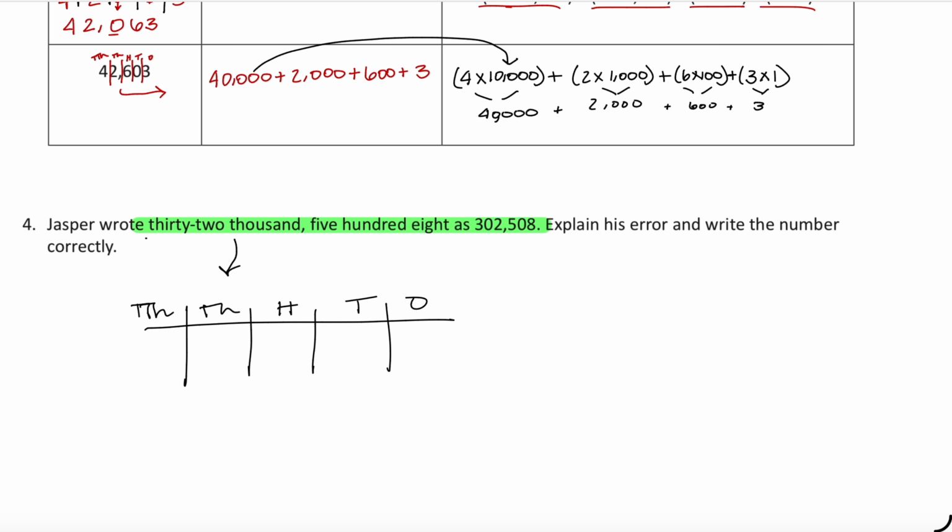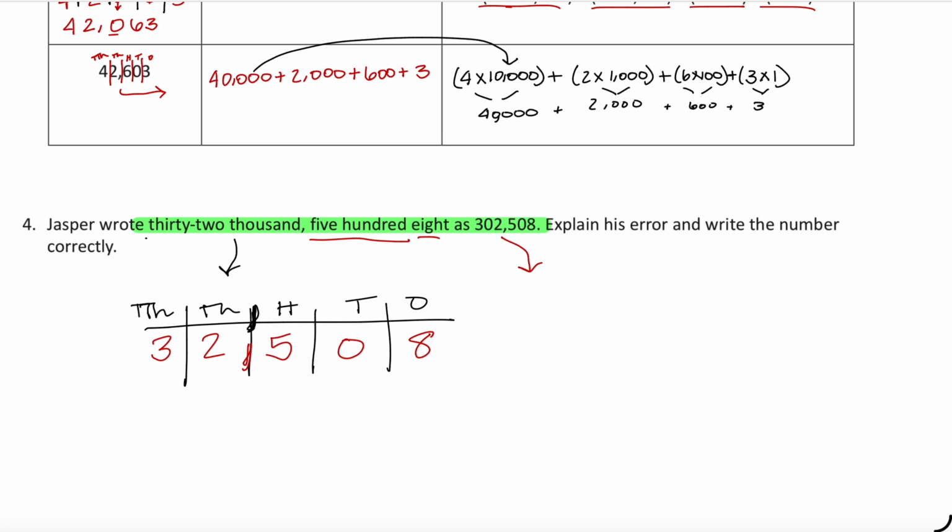Alrighty, so it says 32,000. So I already know that 32 is going to go in this section here. 500. 5 is going to go in hundreds. 8 is a single ones number. So that's 32,508. Is that the same as this number?